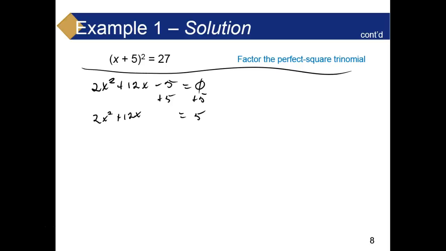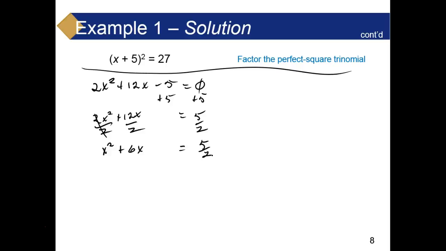What does it mean to write them next to each other? Multiply. How do you undo that? Divide. So let's divide everything on both sides of the equation by 2. Okay? And what does that give us? X squared plus 6x blank is equal to 5 halves.